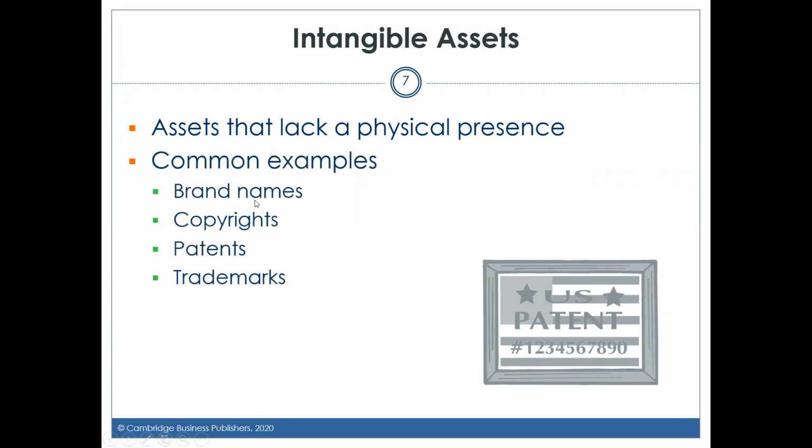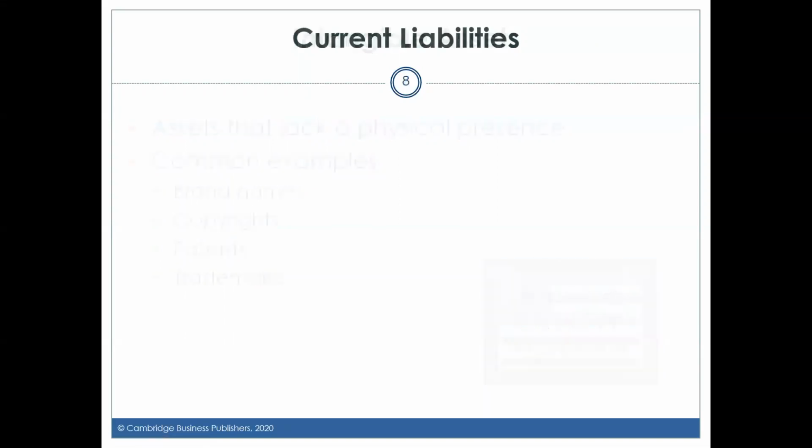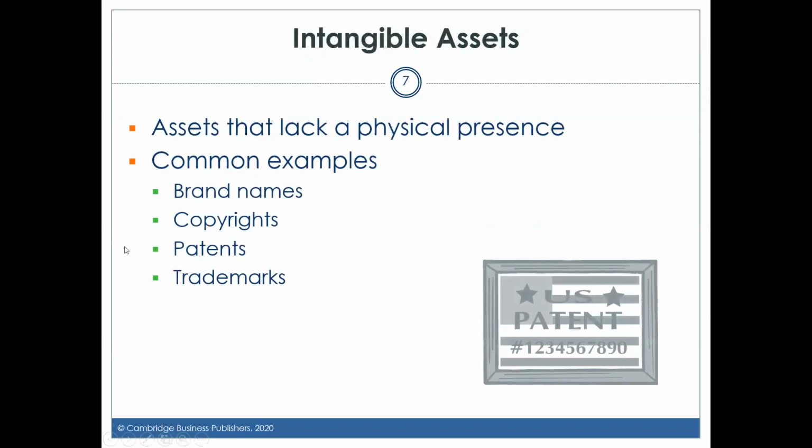We'll talk about these in a little more detail later, not in this chapter, but common examples of intangible assets are brand names, copyrights, patents, trademarks. Goodwill is another example. But don't worry so much what each of these things are in this chapter. Just know that intangible assets are assets that lack a physical presence, and that some common examples are copyrights, patents, trademarks, so forth.